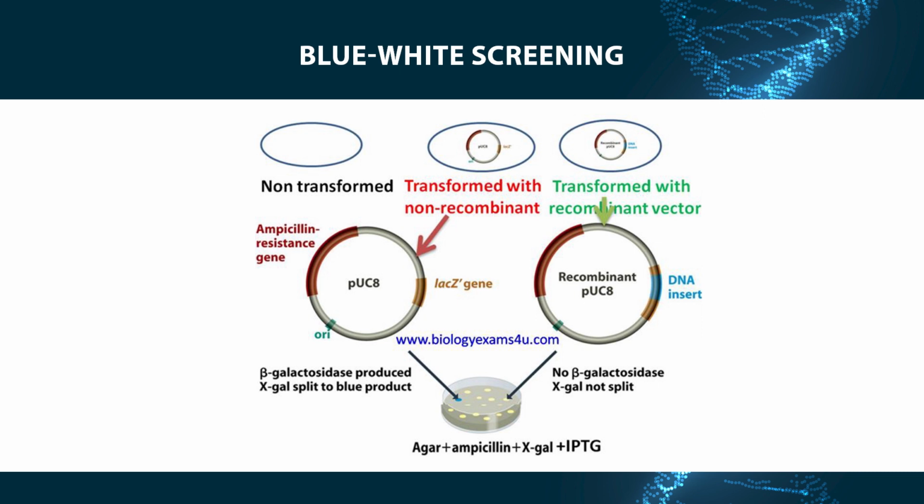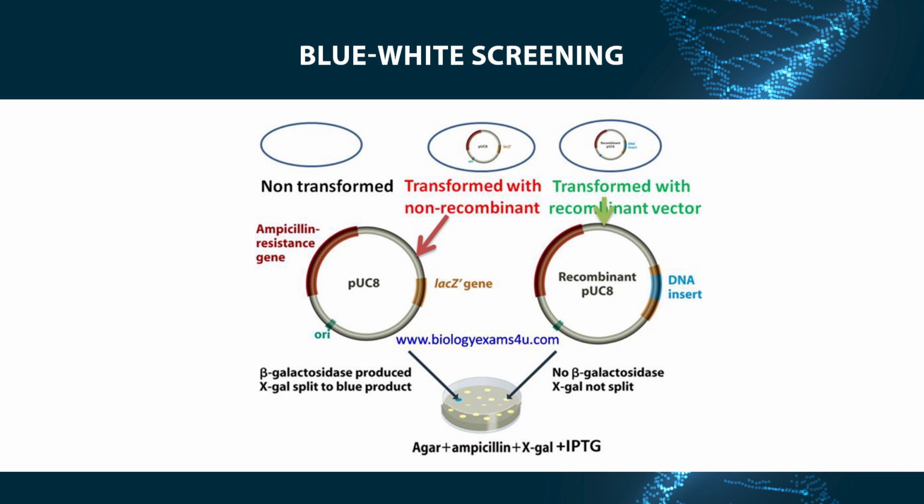It contains the intact LacZ gene. In the second half, this is your recombinant pUC8. Here in the LacZ region or MCS region of the gene, the DNA insert is incorporated.